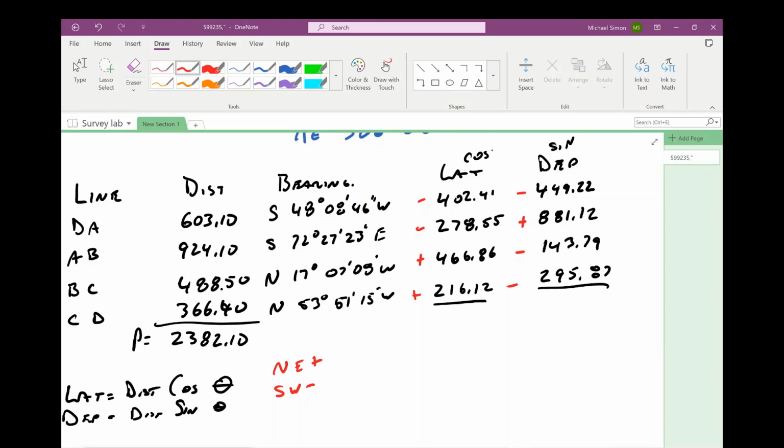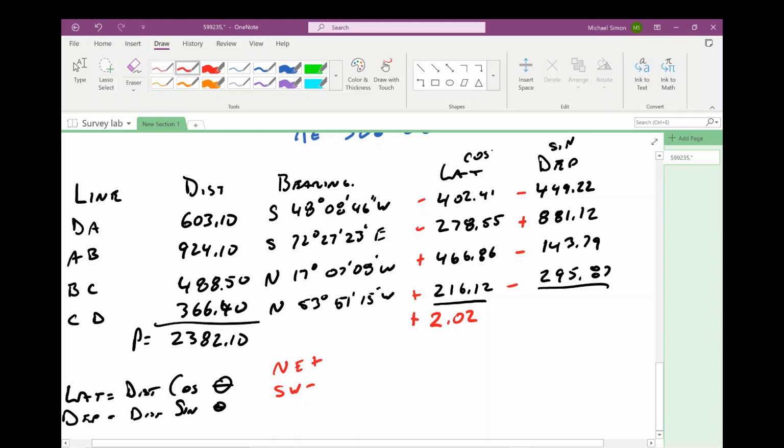So I have negative 402.41 minus 278.55 plus 466.86 plus 216.12, 2.02 positive.